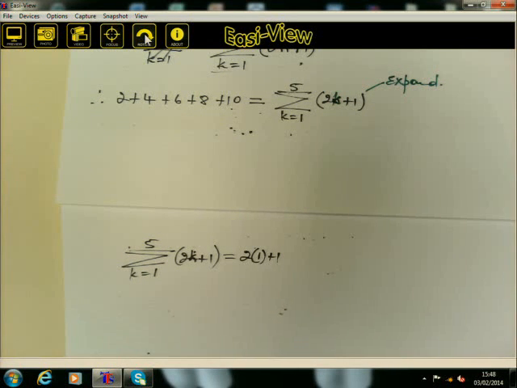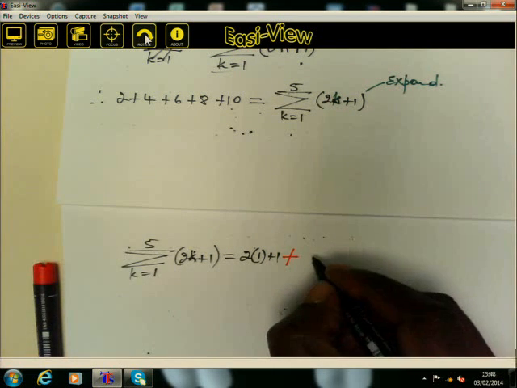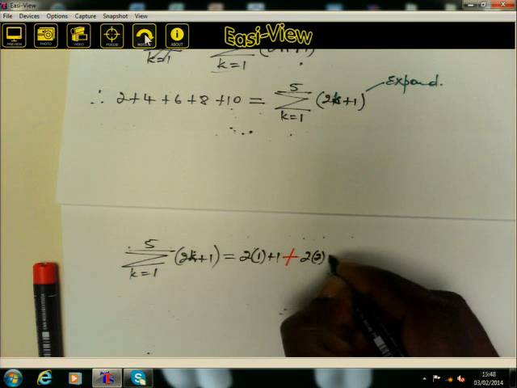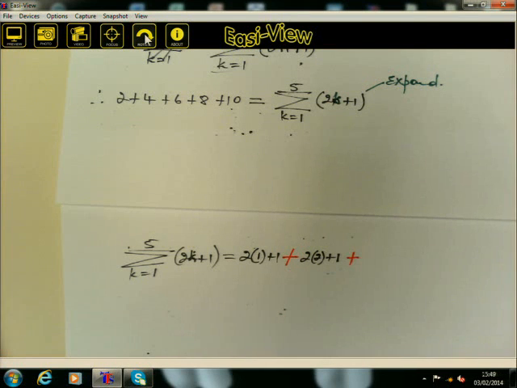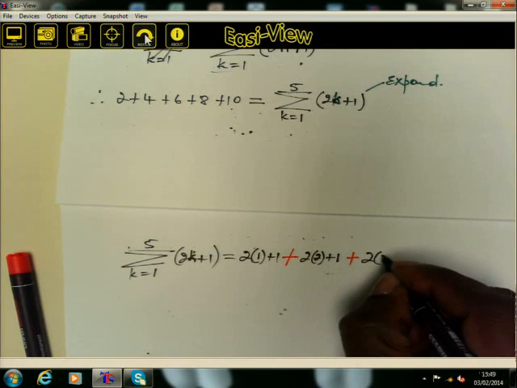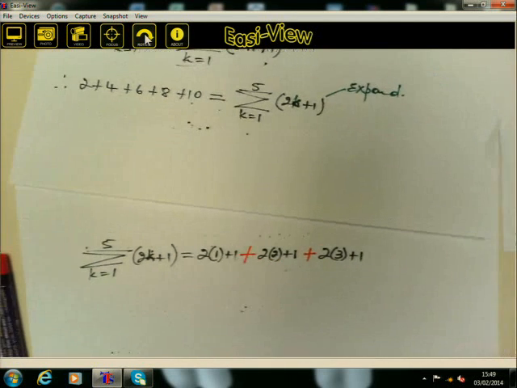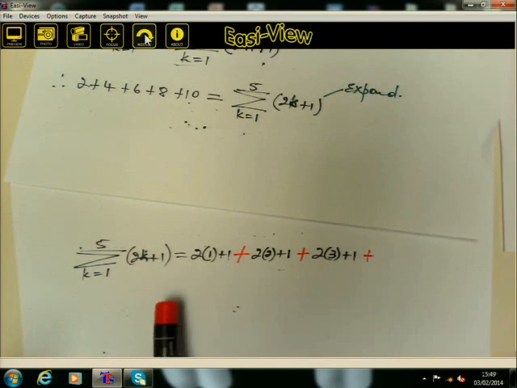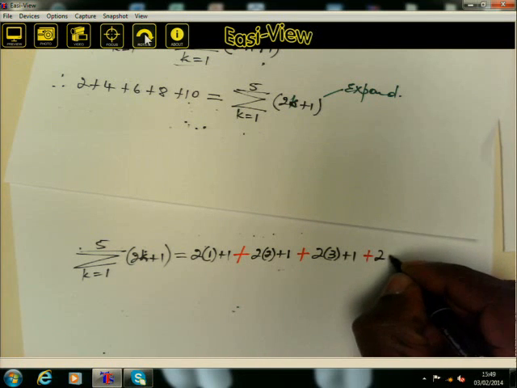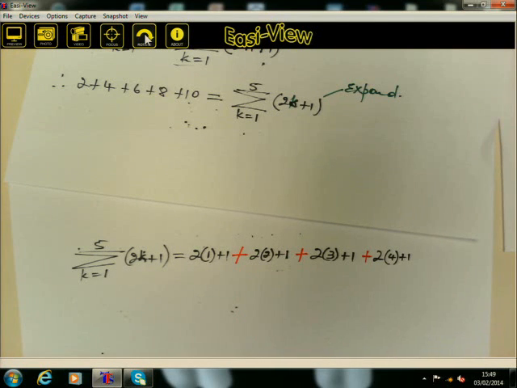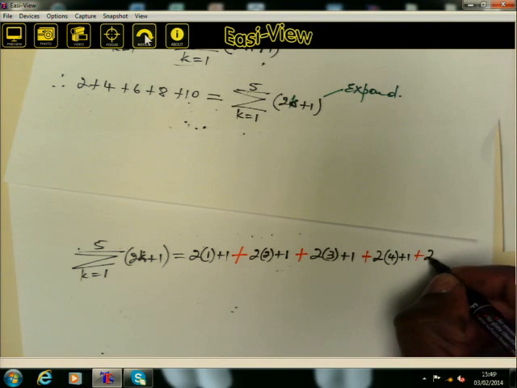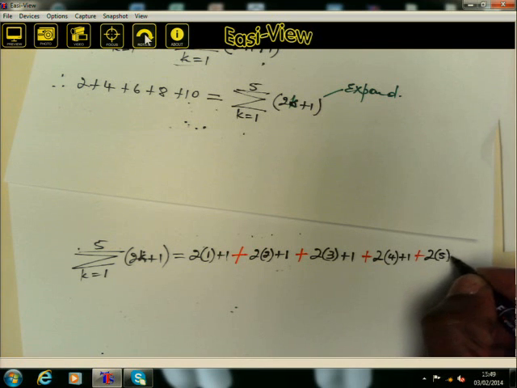And then plus the next term, which is 2 times 2, you add 1. Plus the third one, 2 into 3, you add 1 to it. Plus the fourth one, 2 into 4 plus 1. Remember, we have to stop at 5. And then plus the last one, 2 into 5 plus 1.